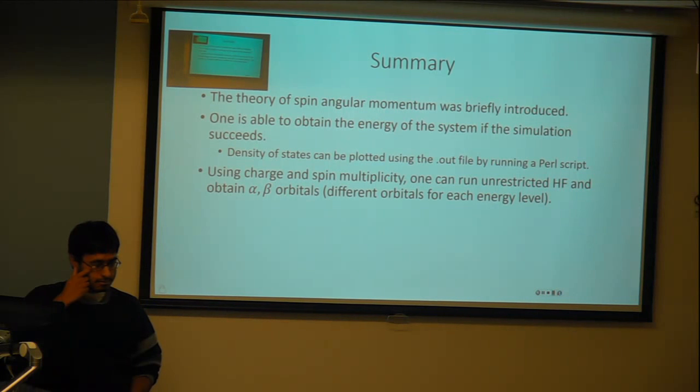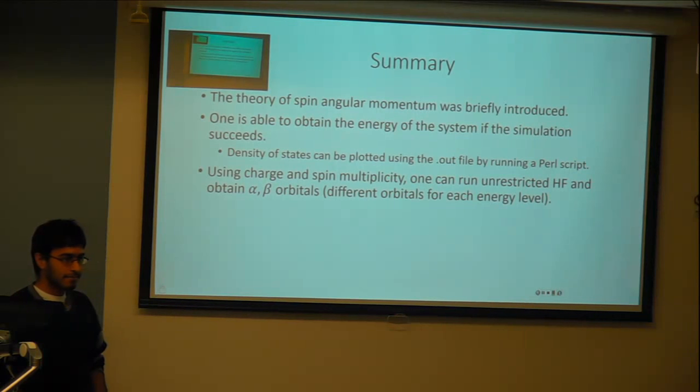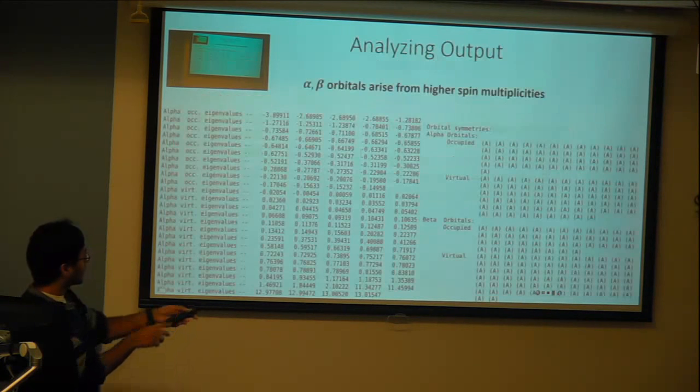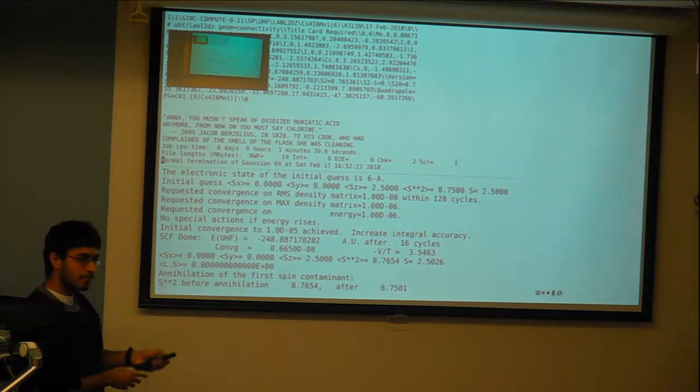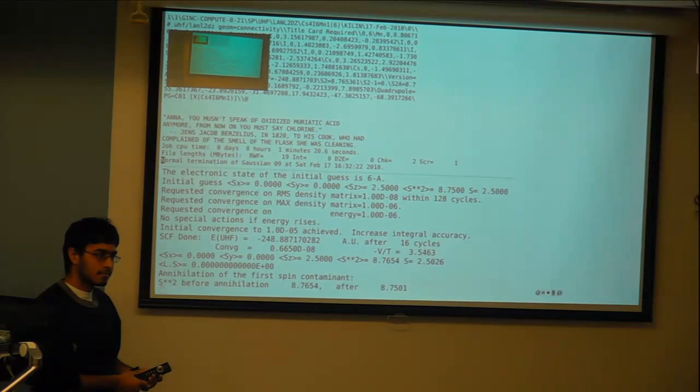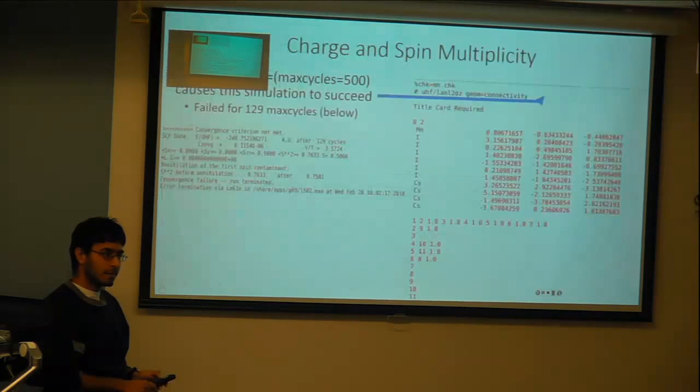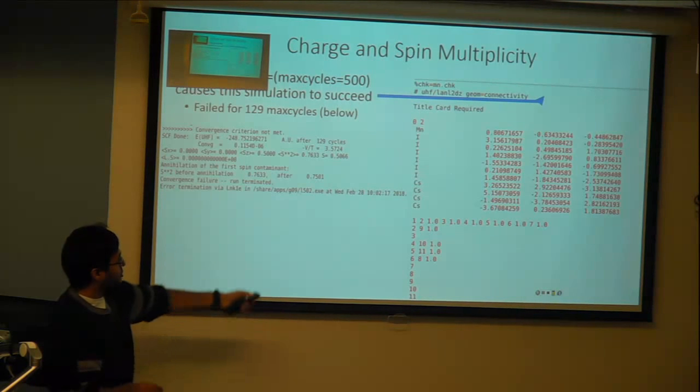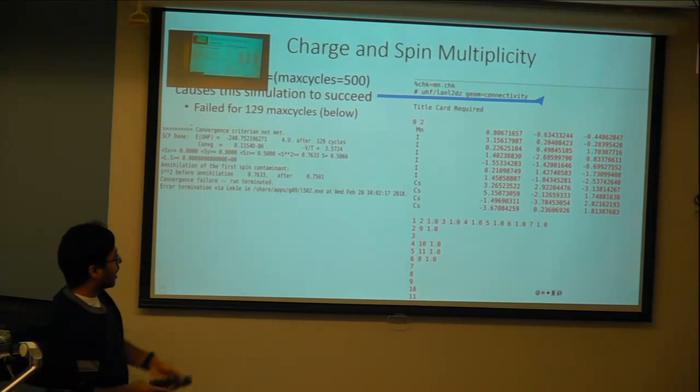Any questions? Yeah. In slide 5, you showed us one failed job. So you need more SCF cycles, more than 129. Is it related to your spin or anything? So you mean like right here? Yeah.